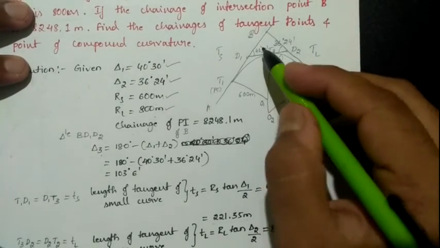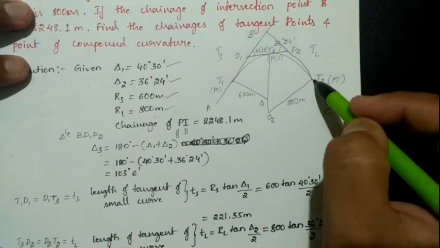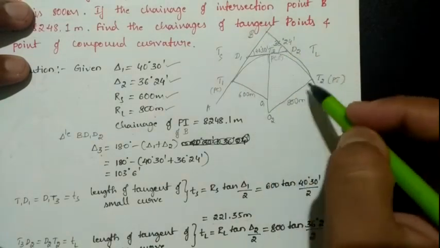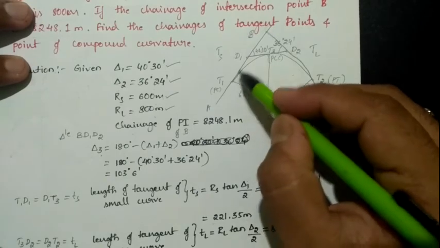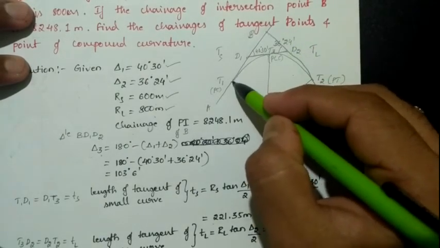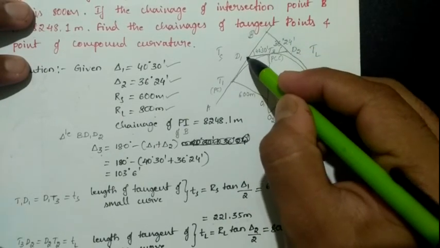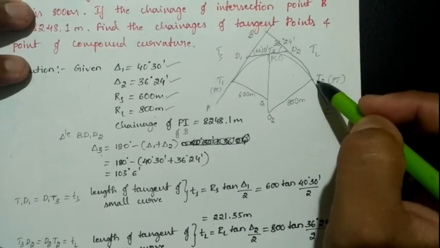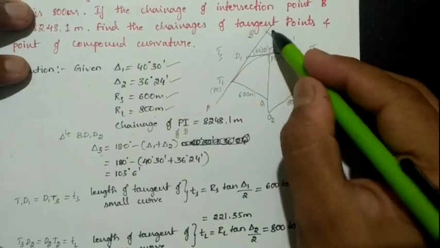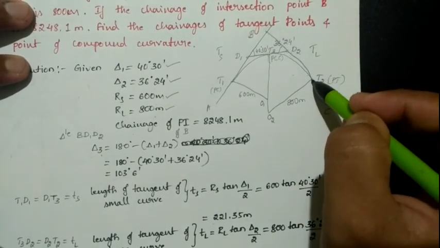And in compound curve, the length of back tangent and forward tangent are different, so we need to calculate both the lengths. If I see the back tangent, it consists of two parts. One is T1 to D1 and the second part is D1 to B. If I see the forward tangent, it is also consisting of two parts. One is from B to D2 and D2 to T2.